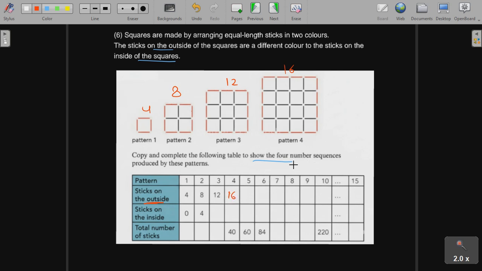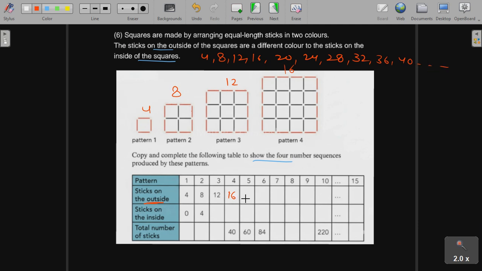and for the next patterns we can see that the pattern follows multiples of 4. What is a multiple of 4? 4, 8, 12, 16, 20, 24, 28, 32, 36, 40.